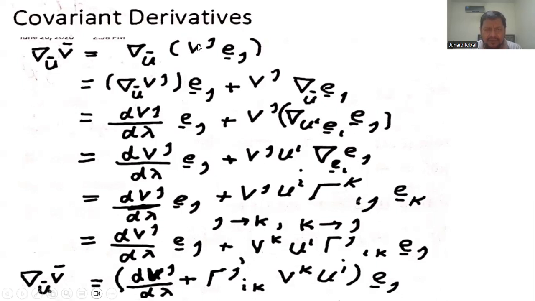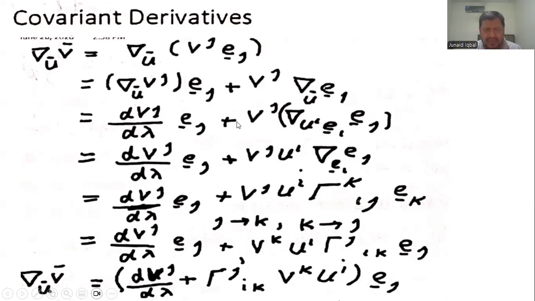We first take the covariant derivative of V^j with respect to U, e_j as it is, plus V^j as it is, and the covariant derivative of e_j with respect to U. And as I have told you, since V super j is a function, the covariant derivative of V^j with respect to U will be equal to dV^j over d lambda.